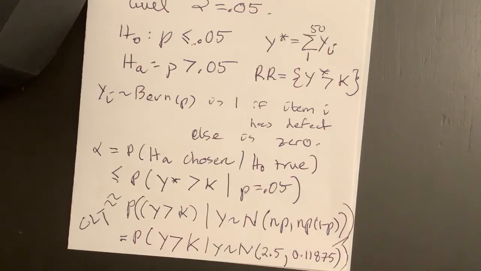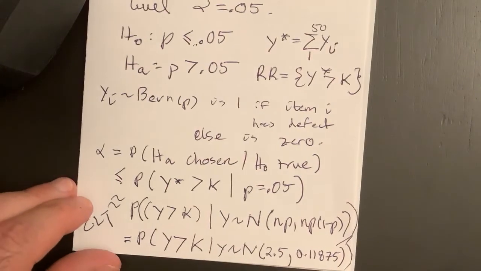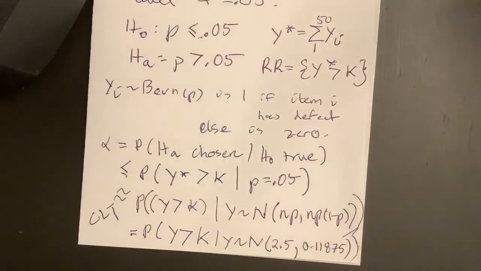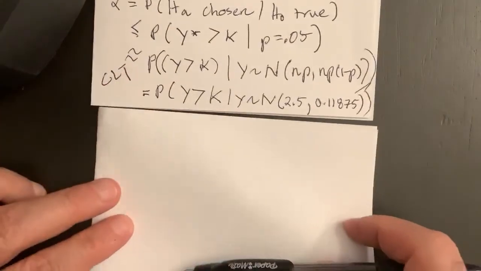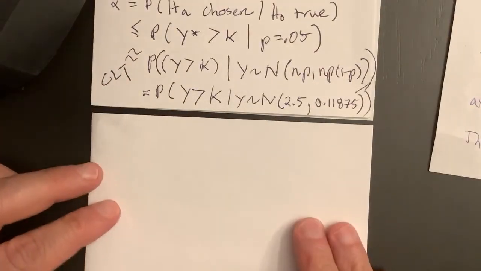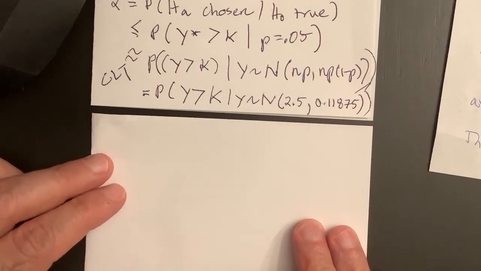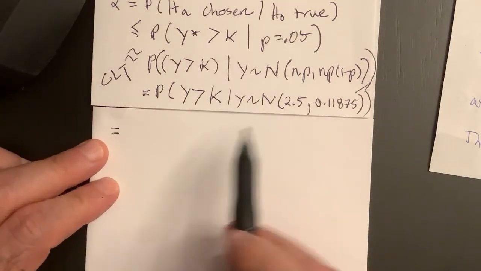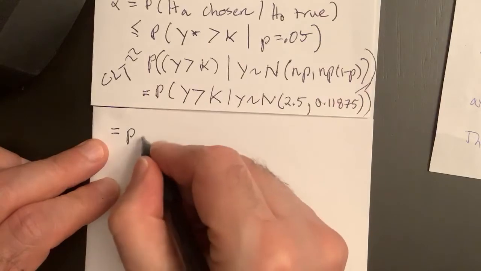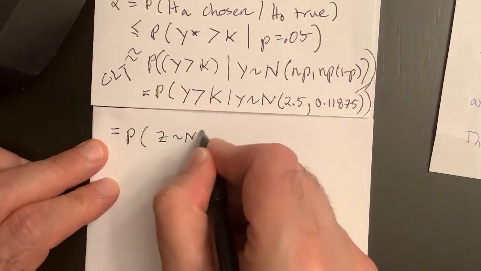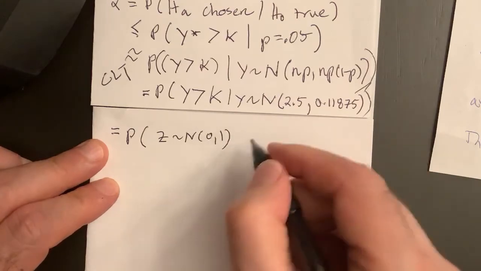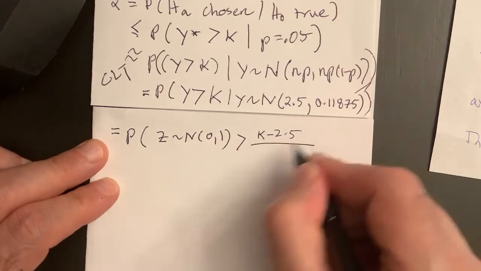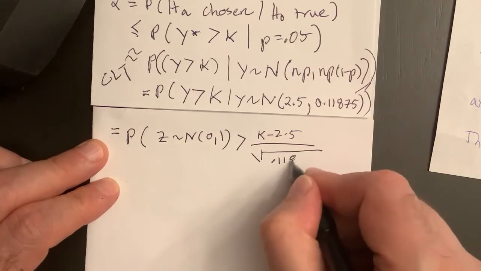So for alpha equals 0.05, I transform this. If Y has this distribution, this is the probability that Z, which is normal 0, 1, is greater than k minus 2.5 over the square root of 0.11875.